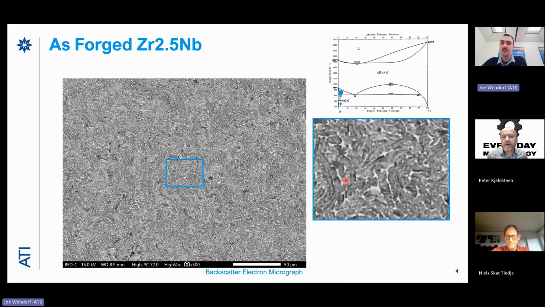Here we see alpha grains with much finer beta grains in between. When you're forging, you get dynamic recrystallization, and so you get a very fine microstructure of alpha grains with these beta grains in between.